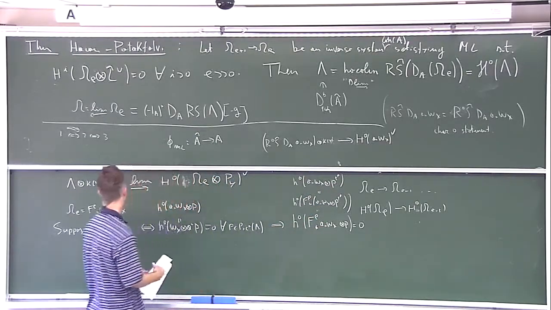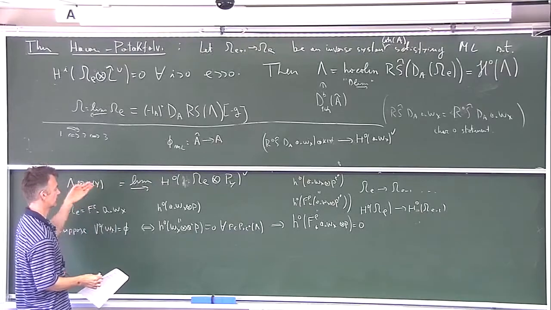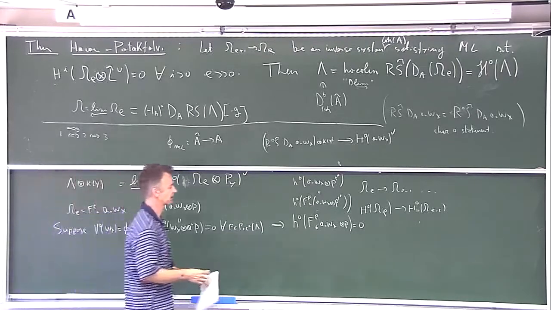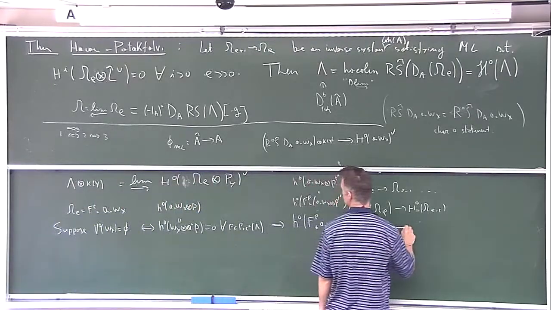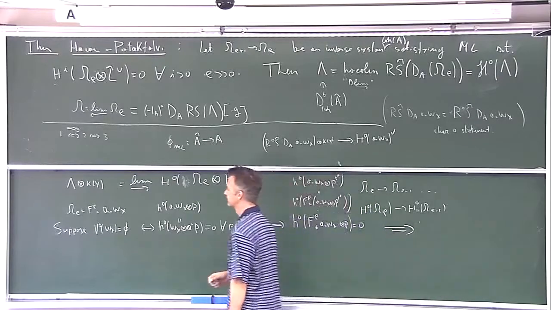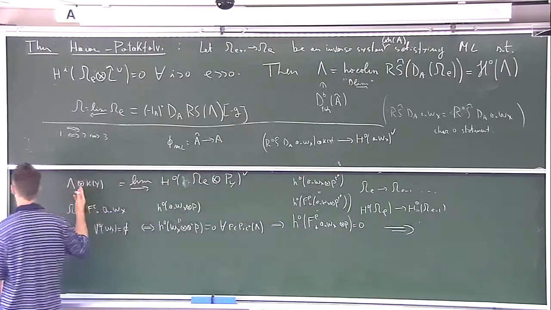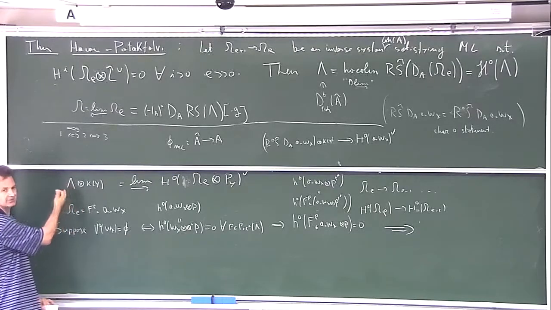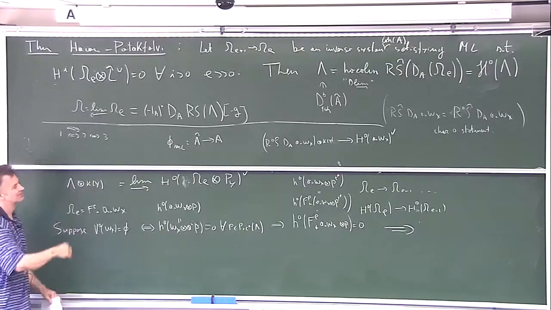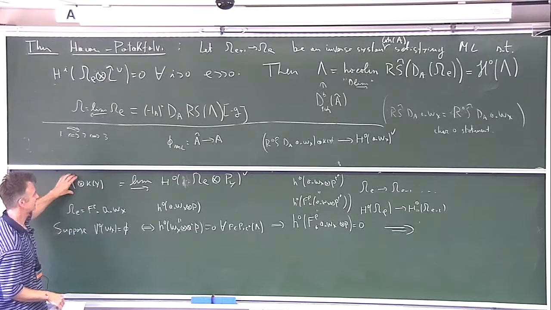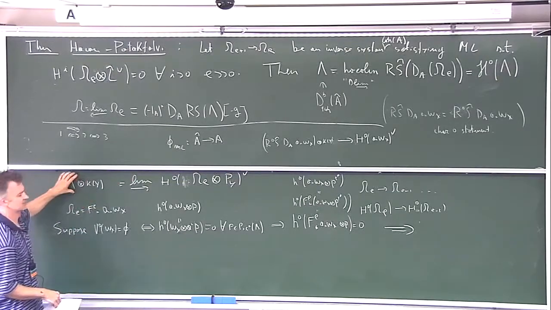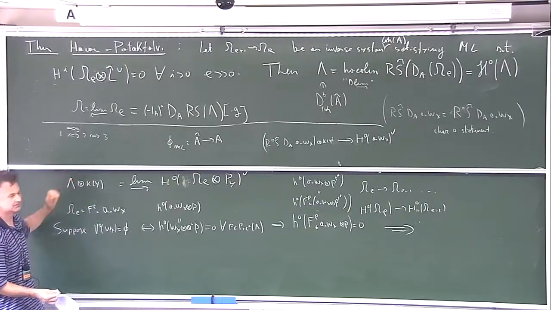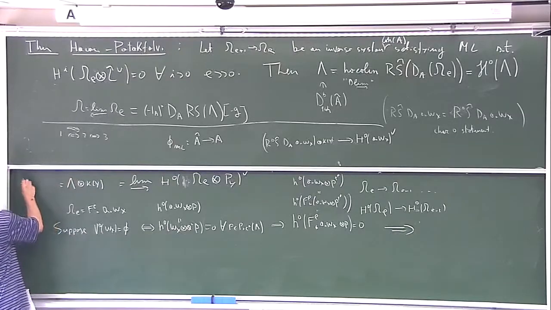Okay, but then from this fact, I get that this implies, okay, this fact is certainly wrong the way, oh, yeah, it's true, because lambda is equal to H0 of lambda. Saying that this is equal to that is telling you this is a sheaf in degree 0. So remember, this is the same as H0 of lambda.